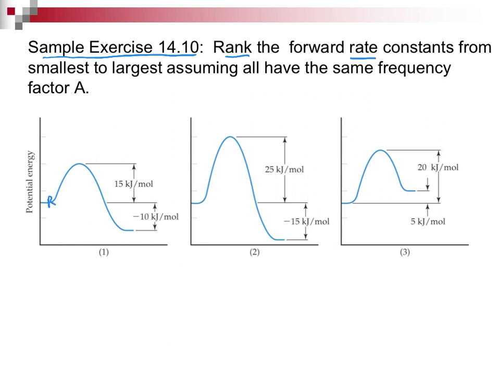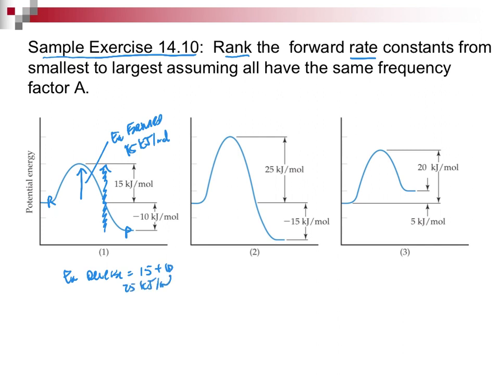If this is my reactant and this is my product, I have an EA forward that is equal to 15 kilojoules per mole. And what about my EA reverse? Oh, I'll make that with a little squiggle line. My EA reverse is going to be equal to 15 plus 10, or 25 kilojoules per mole.